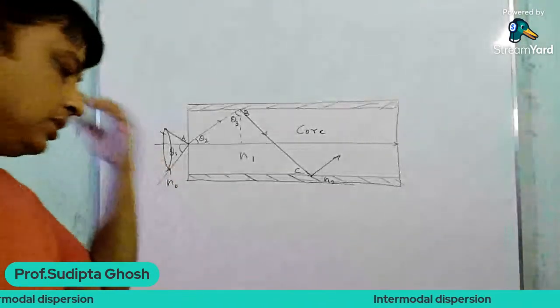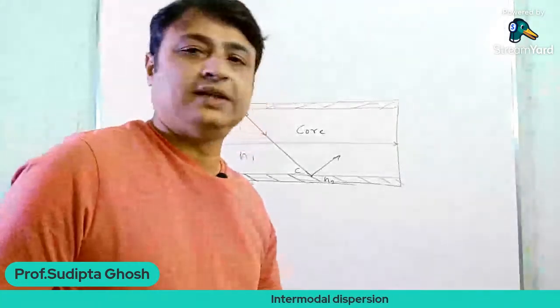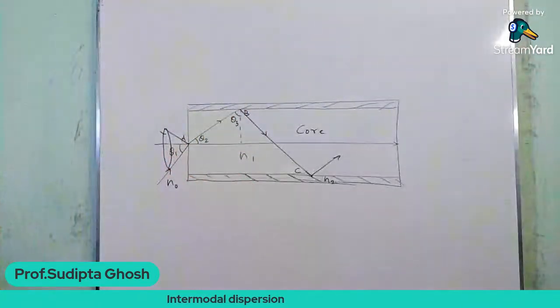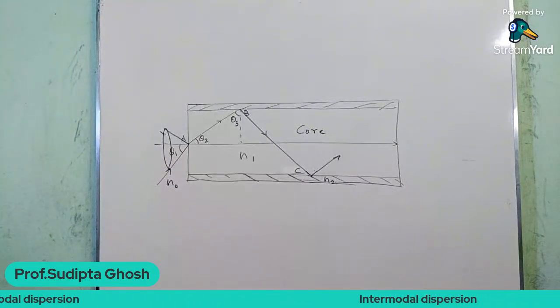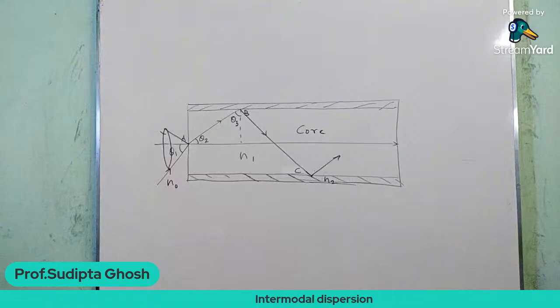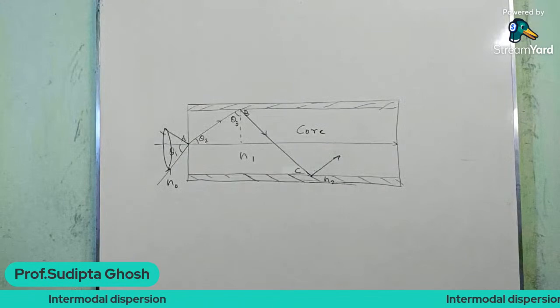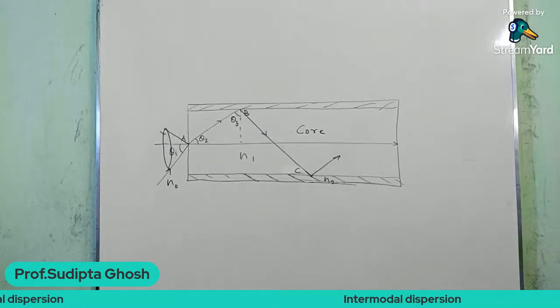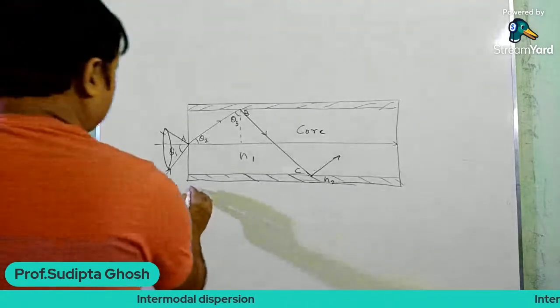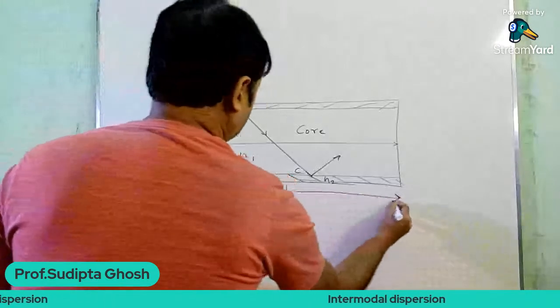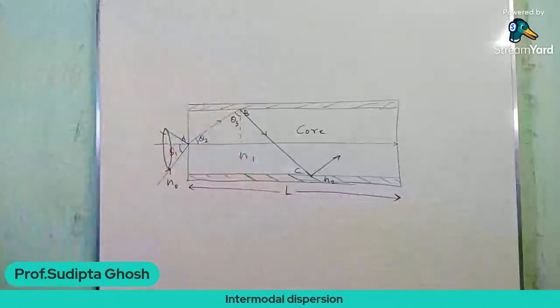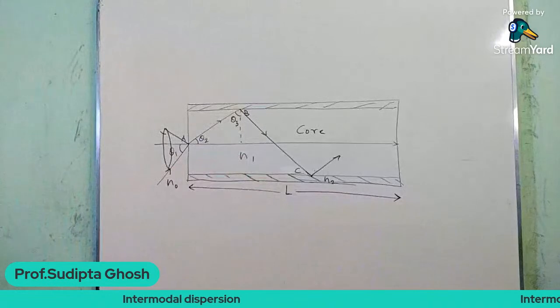the intermodal dispersion, and for this I am again considering this figure, where a step index fiber is taken with the core and the cladding having uniform refractive indices n1 and n2, and here I just have to consider the length of the fiber, because it will play an important part.